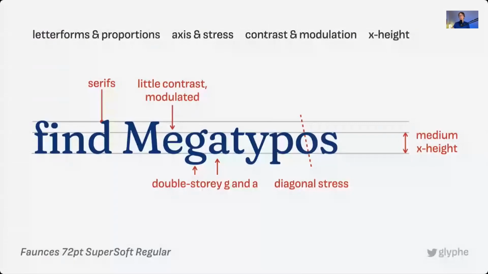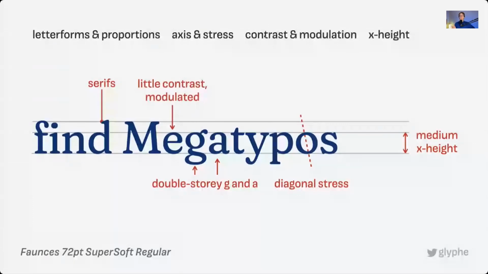But yesterday we already talked about how we can look at or describe typefaces. And there was this concept of talking about letter forms and proportions. I did not mention yesterday that proportions also means the width of the letter shapes. So if you have a very extended or condensed typeface, this also comes into play.